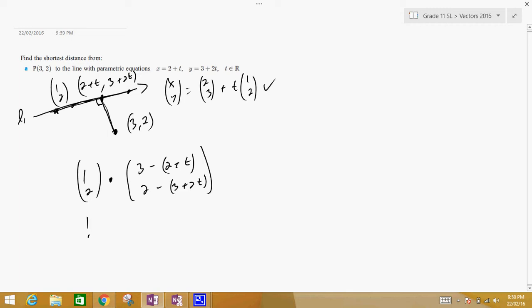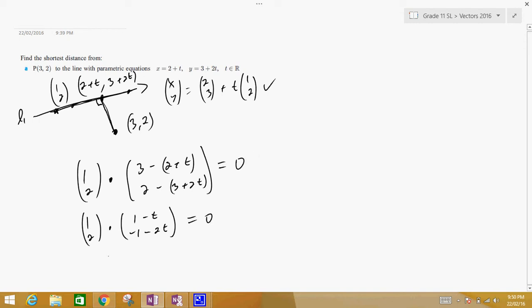So this gives us (1, 2) dot (3 minus 2 is 1 minus t, and 2 minus 3 is negative 1 minus 2t). And this dot product, if it's right angled, would be equal to 0.